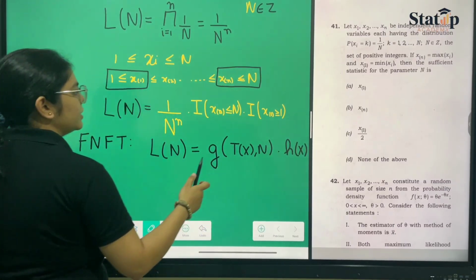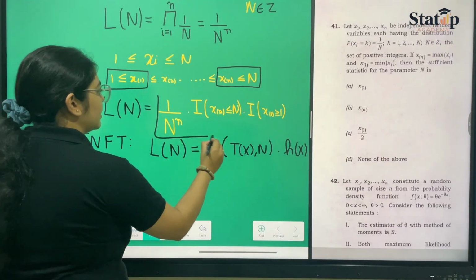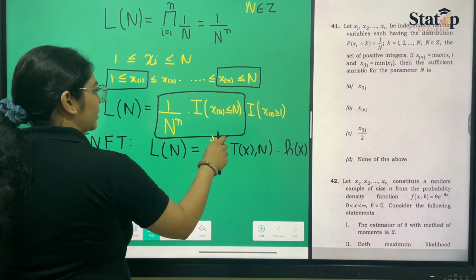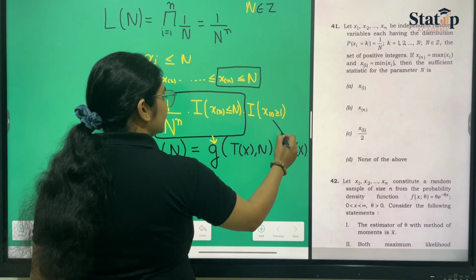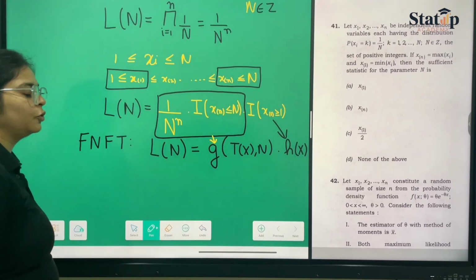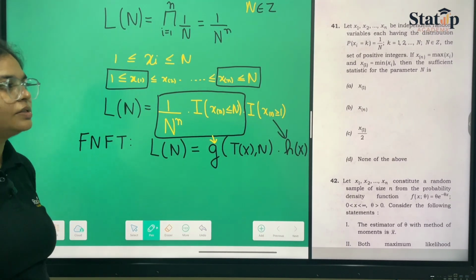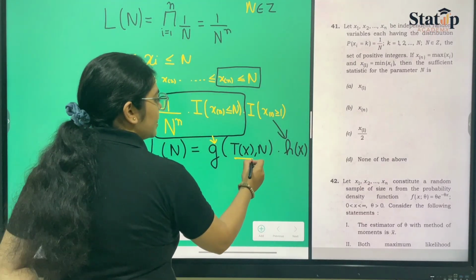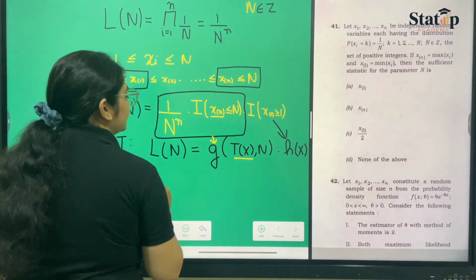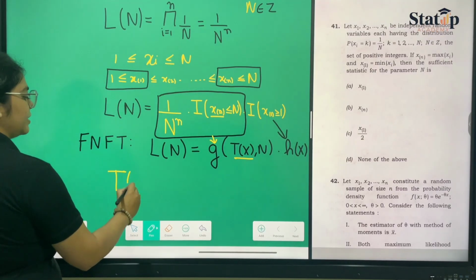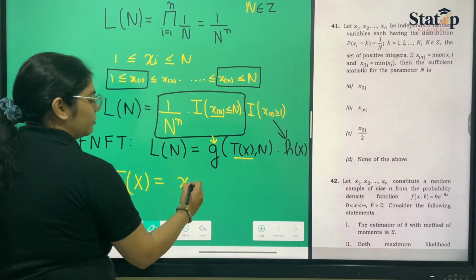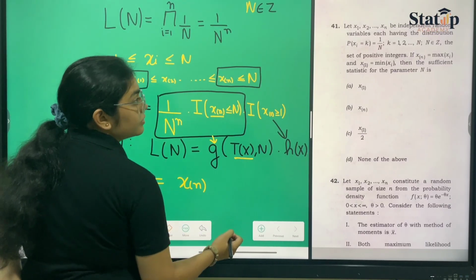If we consider this, this whole thing is nothing but g(T(x)), and the remaining part is h(x). If you compare these two equations, then from here the sufficient statistic is T(x), and the value that is T(x) is Xn. Hence we can say the sufficient statistic of X is Xn, which is the maximum of Xi.